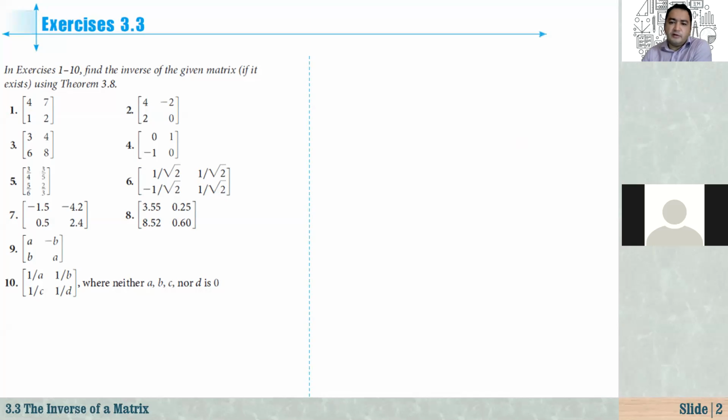When we just say inverse, the definition of inverse means multiplicative inverse, right?